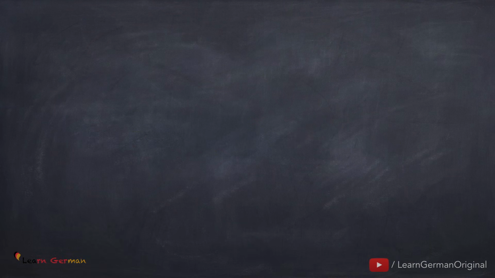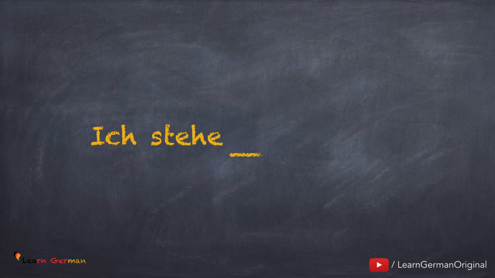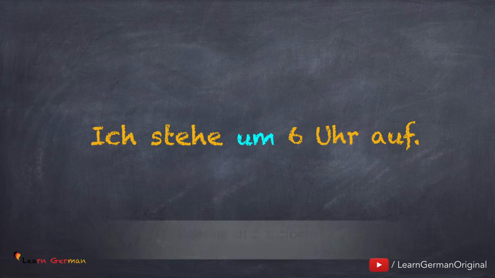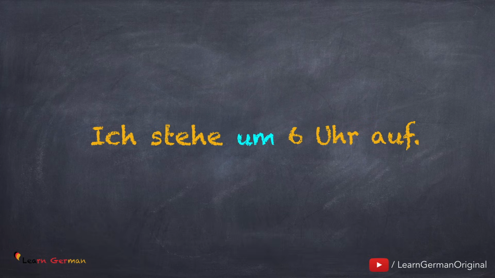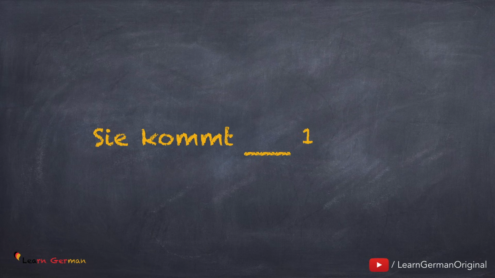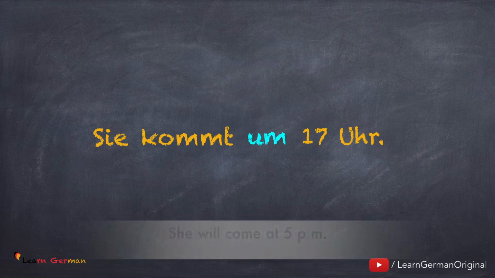I'm sure you're doing very well. Now let's do another one. Since there is an Uhrzeit, your answer should be: Ich stehe um 6 Uhr auf. Wonderful. Here's another one. This one was also pretty simple.